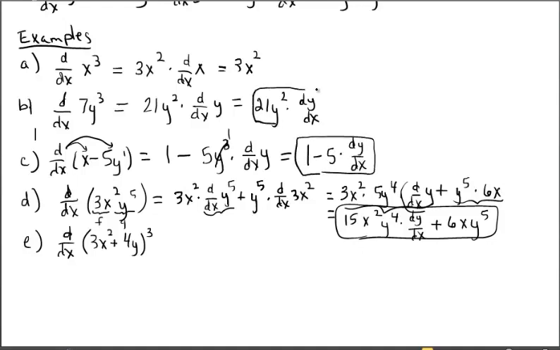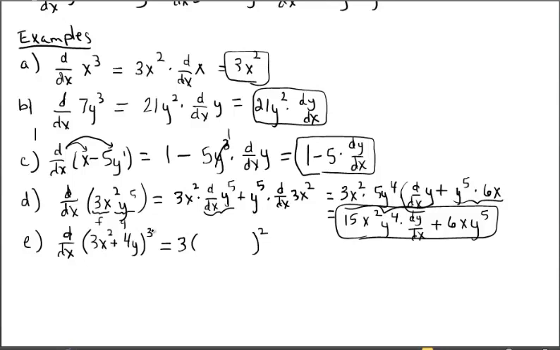So if you're taking a peek at that last example, example E, the necessary differentiation rules are going to require us to use the chain rule. So it's a composite function. So the derivative of the outside, leave the inside alone.